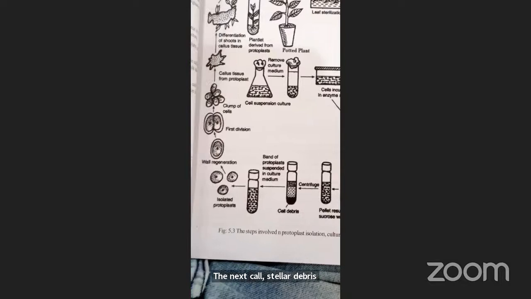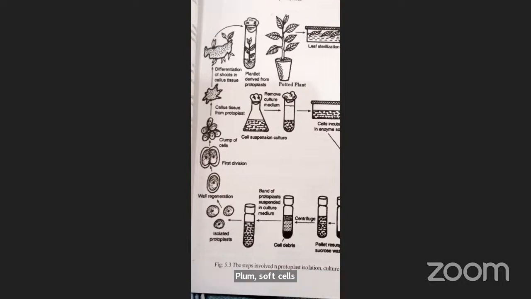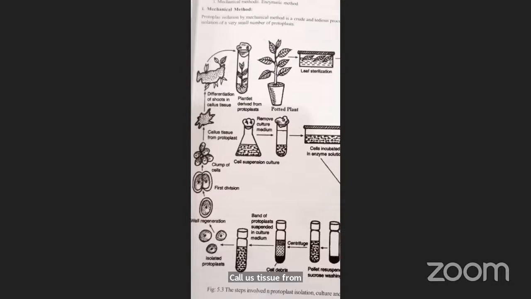Next, isolated protoplast, wall regeneration, clumps of cells, callus tissue from protoplast, differentiation of shoots in callus tissue. The next, new plantlet that is formed from protoplast. So these are the different steps. In that entire process, first we have to isolate the protoplast.